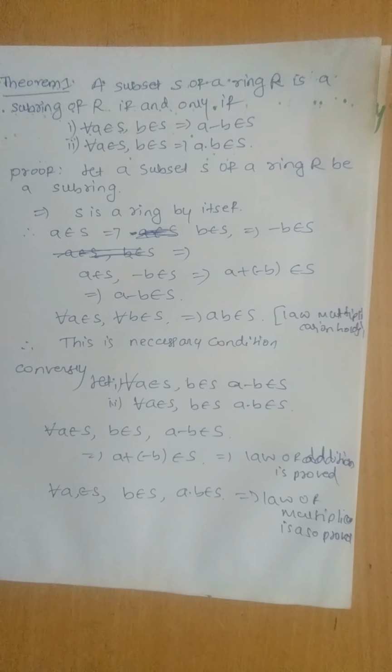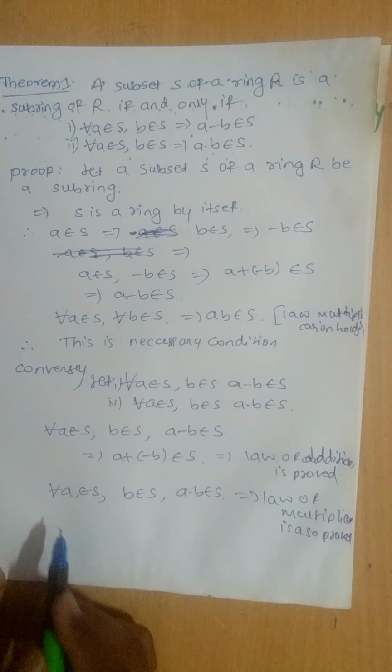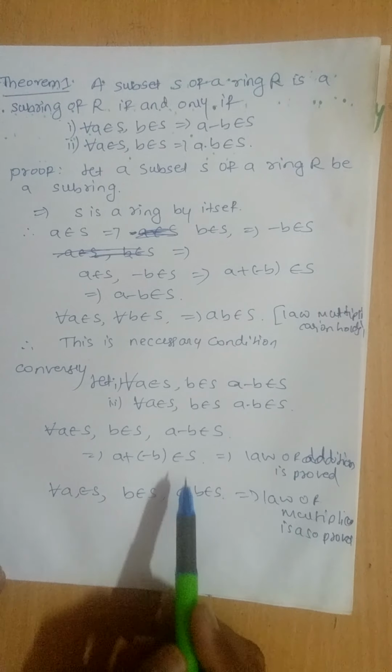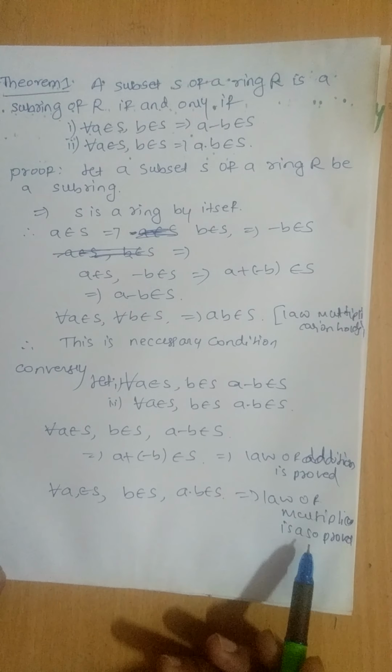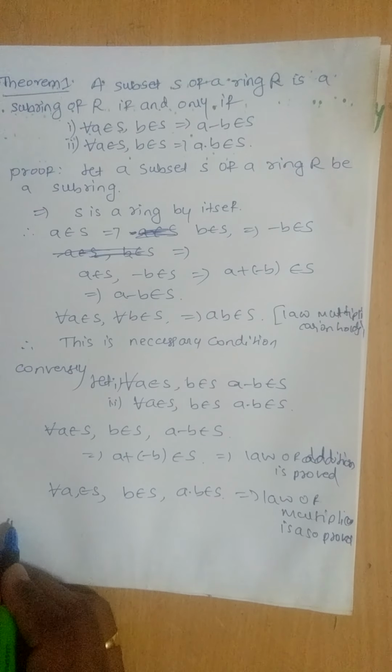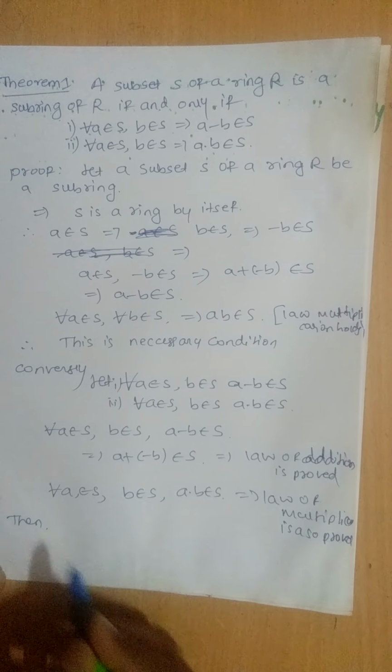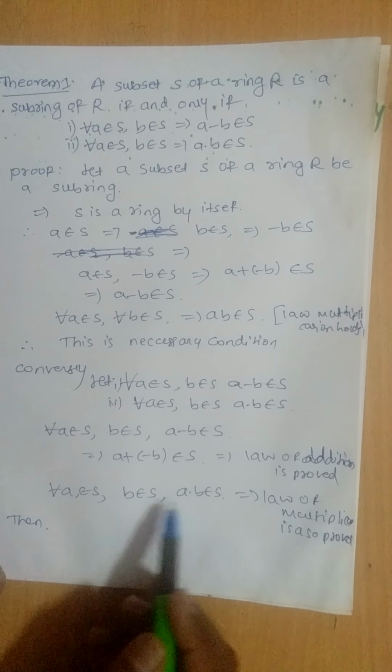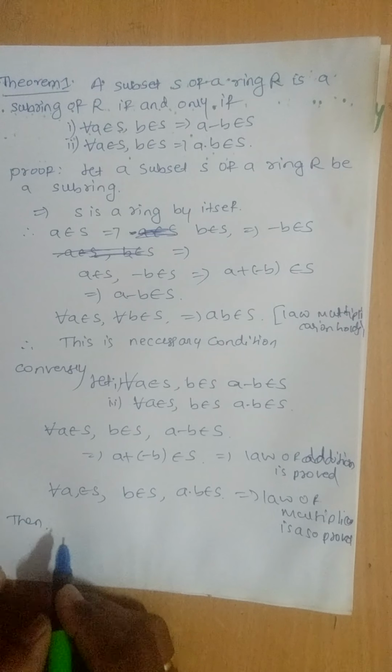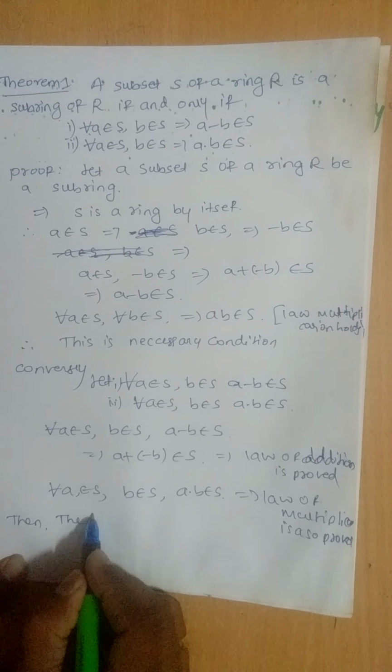So when the law of addition and the law of multiplication hold true, then automatically the other laws, the distributive law and the associative law, also hold. There is no need to prove them, because it is already understood. The associative law involves addition, so it also holds.